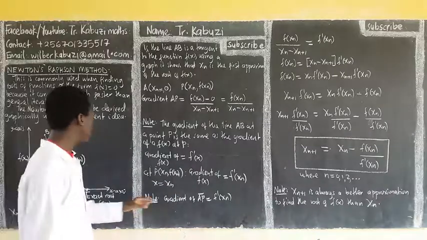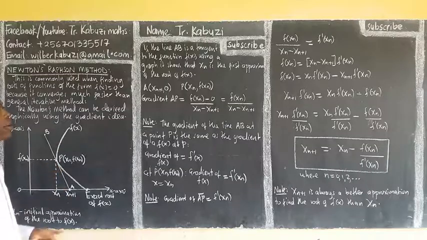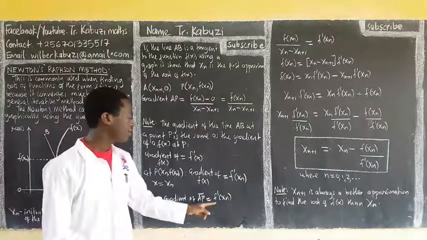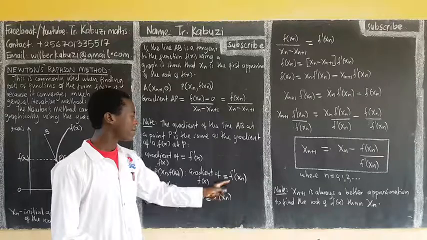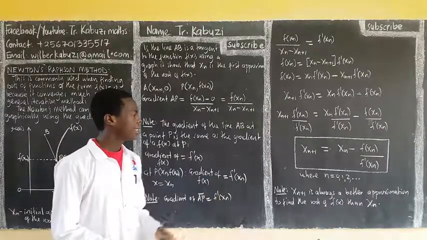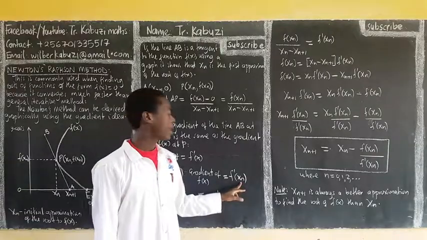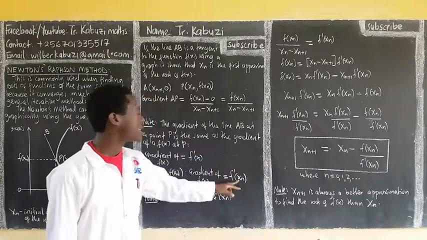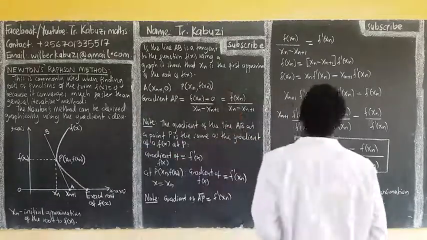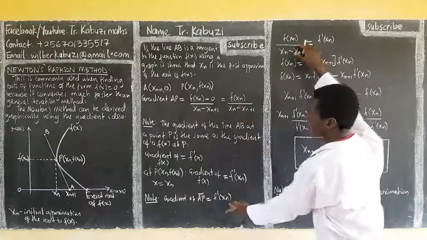So the gradient of the line AP and the gradient of this curve at this point are going to be the same. We have seen the gradient of the curve is this, because to get the gradient of any function, it's as good as differentiating and substituting in the x value at that point. This function only had x, that's why you substitute in there. So the gradient of this line is going to be the same as the gradient of this.